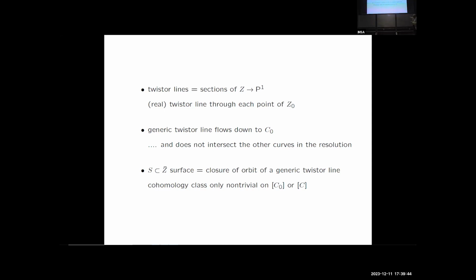If we look at the flow of the C star action on the resolution, the space of the resolution, then because a generic twistor line meets it, there's one that meets it at every point. So if you flow down, you have a C star action, flow down, and the generic one is going to go all the way down to C0.